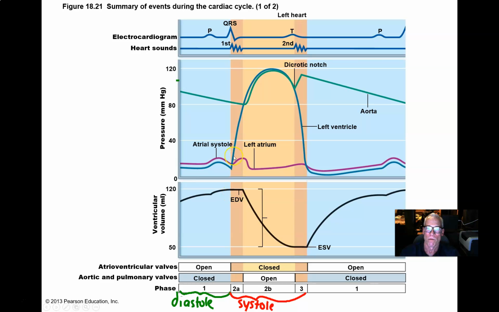Well, when the ventricle starts to contract, the first thing that happens is blood tries to go right back up into the atrium, but it can't. Let me just say that blood always moves from higher pressure to lower pressure. That's what makes blood flow or move.